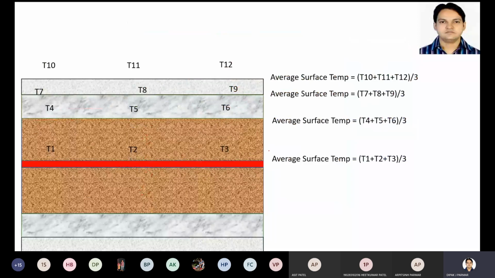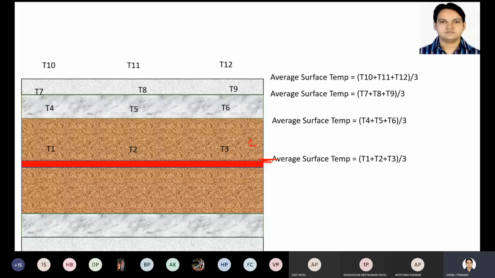Now, when we want to start the calculation, we have 3 thermocouples on the same surface. So what we will do is take the average of these 3 thermocouple temperatures. The surface temperature of this side of the first material will be the average of these three temperatures, so it will be (T1 + T2 + T3)/3.